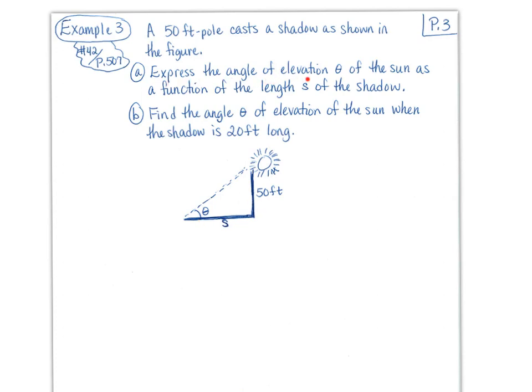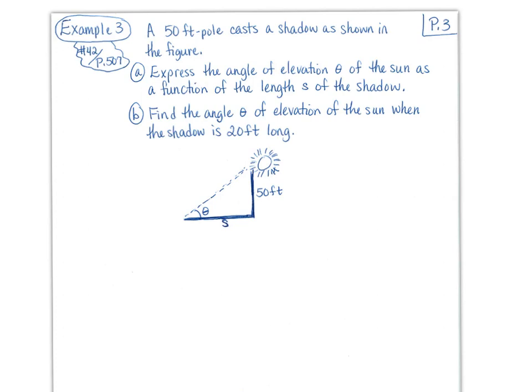A: Express the angle of elevation theta of the sun as a function of the length s of the shadow. B: Find the angle theta of elevation of the sun when the shadow is 20 feet long. So part A is just asking us to write an expression for what this triangle is giving us.